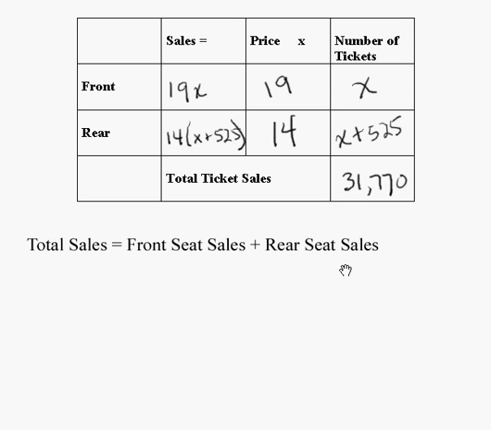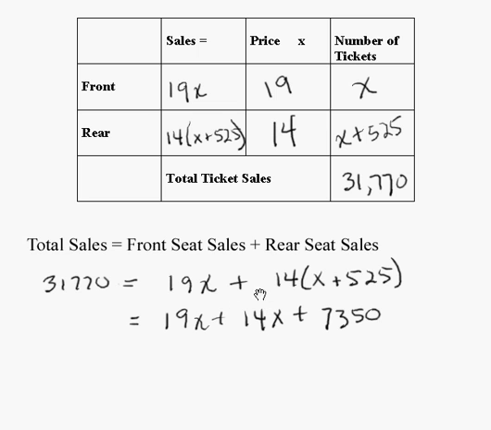If we replace them with our symbols, $31,770 is $19 times X plus $14 times X plus 525. And that's the key. The most important part of solving the problem, and the toughest, is setting up the equation. Once we have the equation, we can just go ahead and solve it.